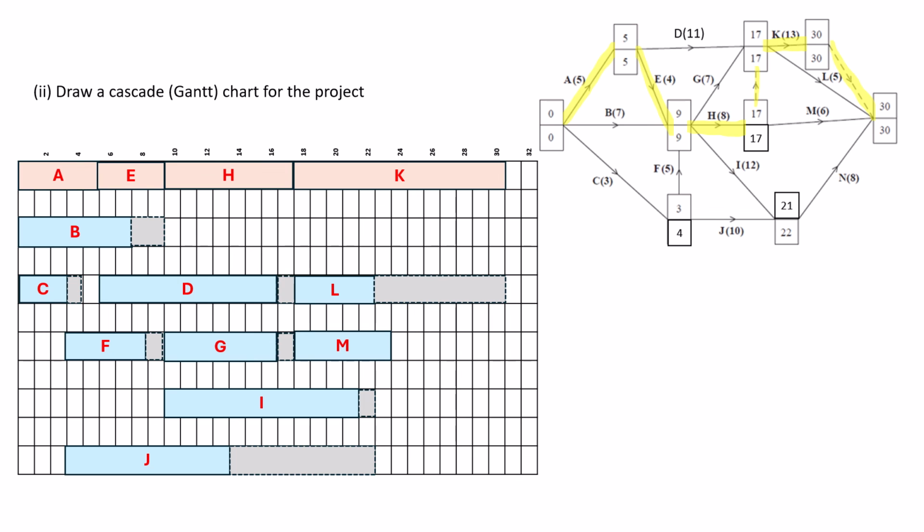And then M, which starts at 17 and goes on for 6, that brings us up to 23, and then that has an extra 7. And then the only one left is N. N starts at 21 and goes on for 8, so that's 29, and has 1 extra there for us. And this is our completed cascade chart.